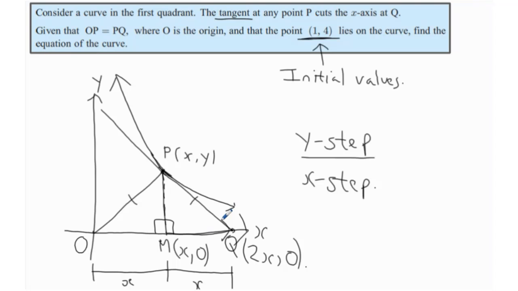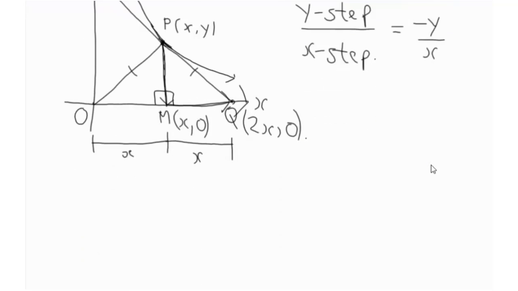Think of the x step as always being positive. And the y step has gone down from y to 0, so it's minus y. So that is an algebraic expression for the gradient of the tangent. And it's great because it takes into account the fact that it's negative.